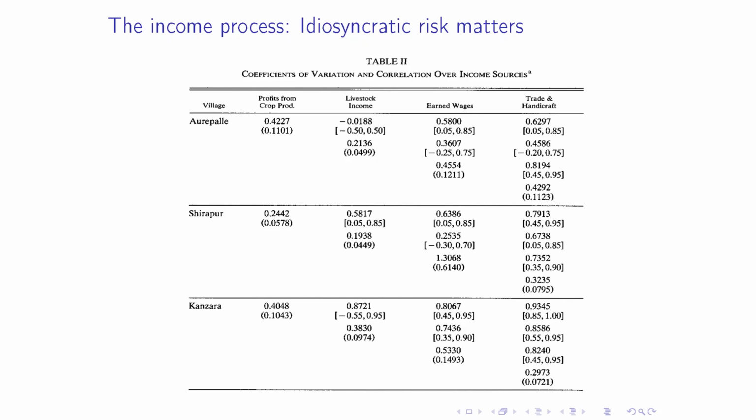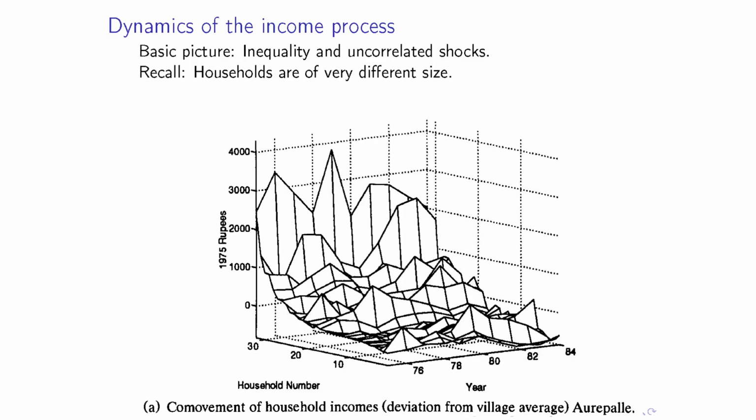The focus here was on the fact that households are not completely diversified. If all the households did the same thing, if they planted the same crops in the same soil and had the same income sources, then their initial outcomes would be essentially the same, and there's not much left to share. But we see the opposite. They're not diversified over all these various crops, soils and activities. So there's a lot of idiosyncratic risk.